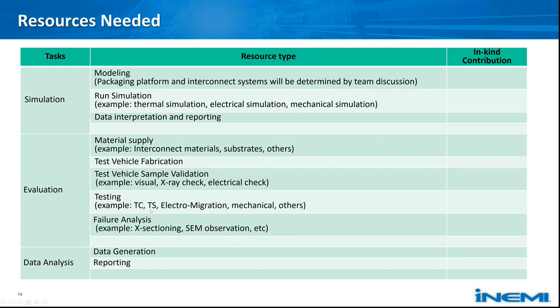Doing the actual thermal cycling, temperature shock, bake, electromigration studies through reliability stresses, and then the actual failure analysis of those. All this would fall into phase two of the evaluation of this project.